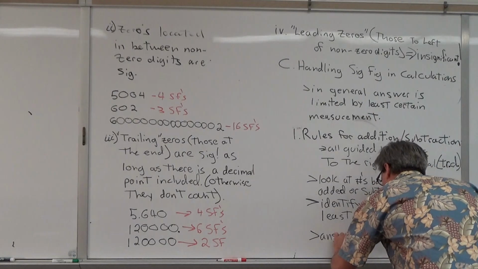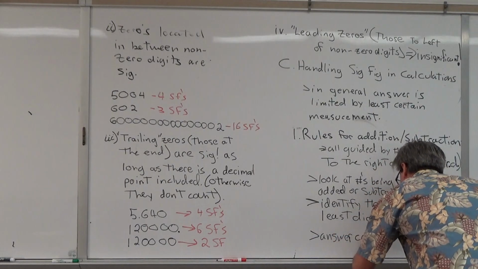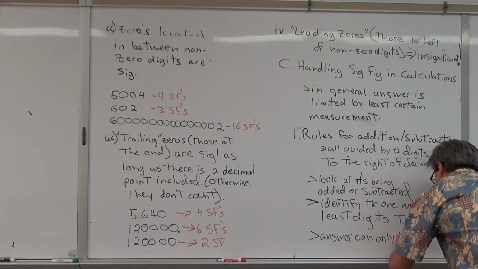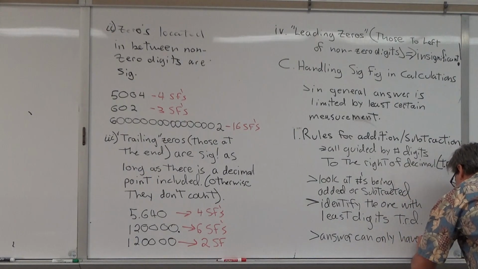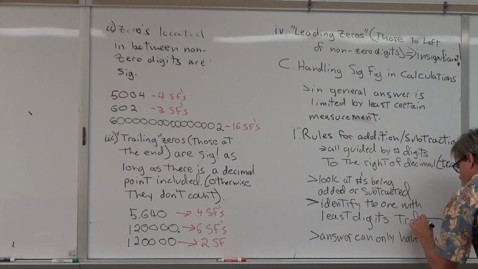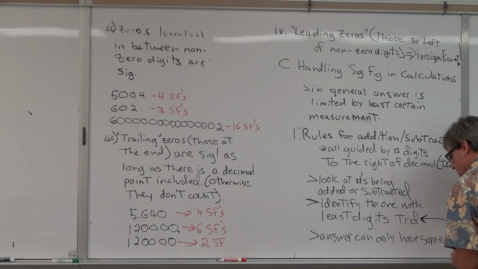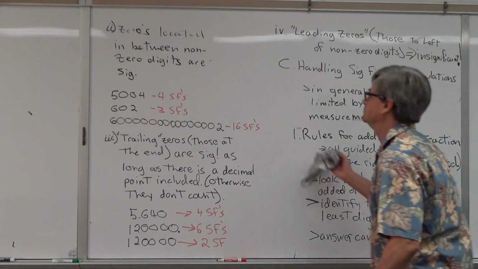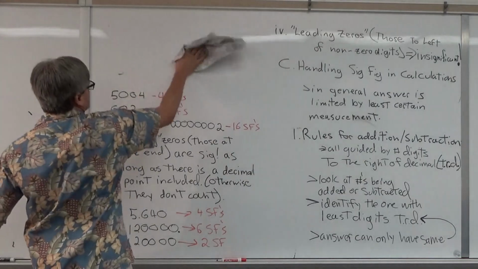Answer can only have the same. The same is a little bit vague, but with that arrow, hopefully you know what I'm talking about. It can only have that same number of digits to the right of the decimal place. All right, so let me do an example real quick for you.